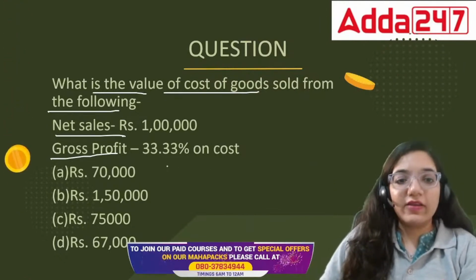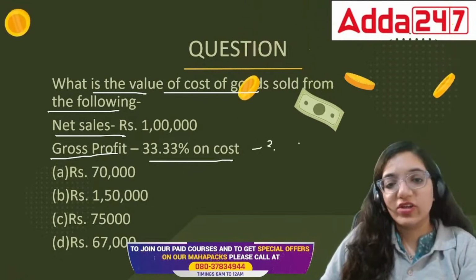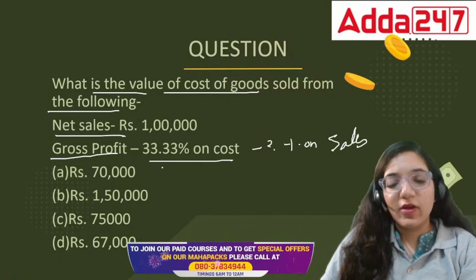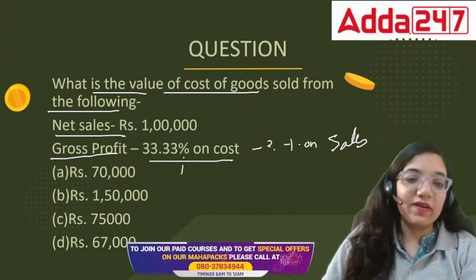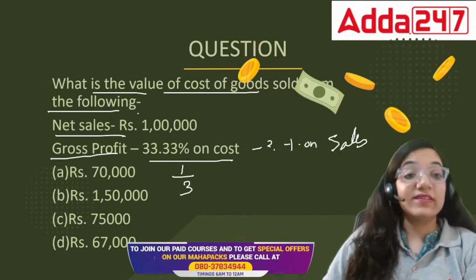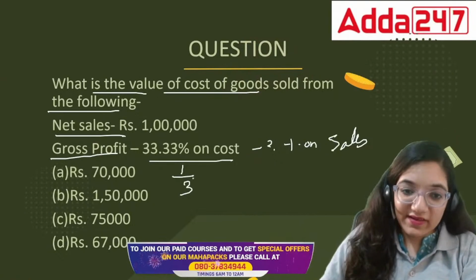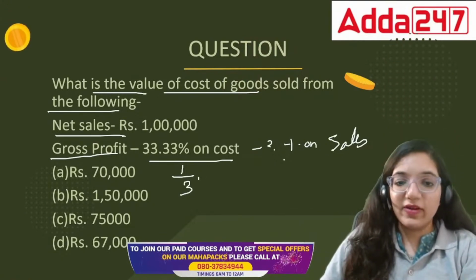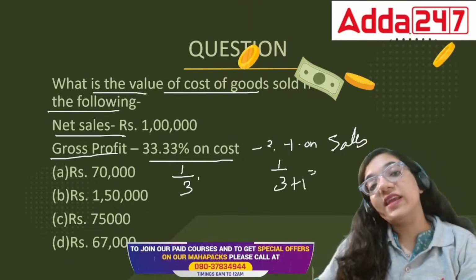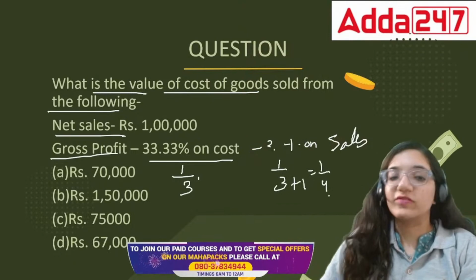Whenever you are given a percentage on cost and you want to know the percentage on sales, whatever this is, 33.33, this is 1/3 in fraction. Since we are not given the value in terms of sales, 1/3 of cost will turn out to be 1/3 plus 1. Just add 1 in the denominator. It will be 1/4 of sales.